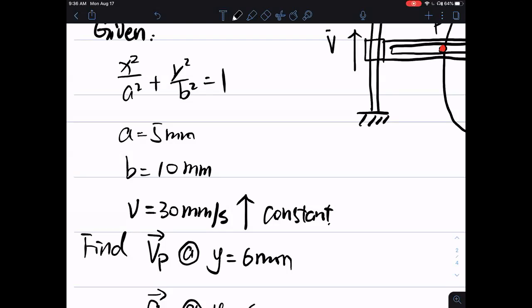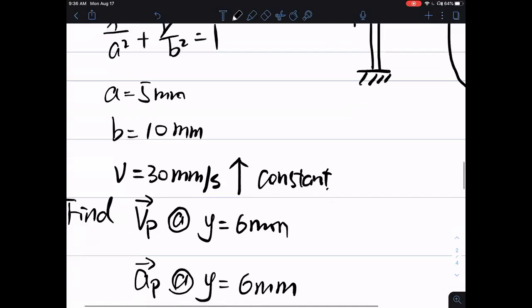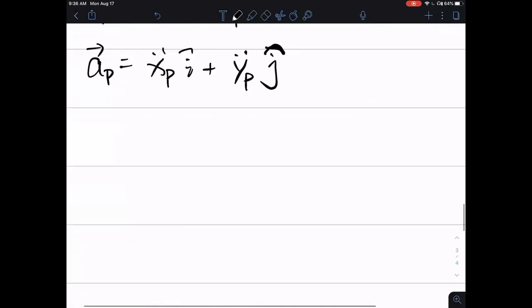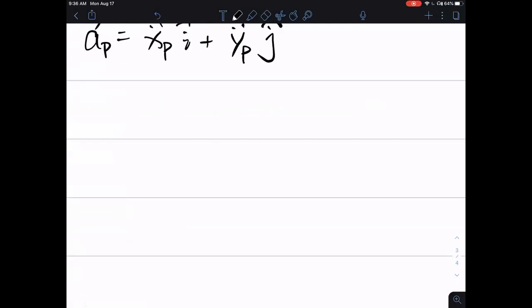Just one question. What happens if you take the time derivative of 1 with respect to time? 0. Yeah. That's the logic. We want to find x dot and y dot by taking the derivative of this expression. So we want d/dt of x squared over a squared plus y squared over b squared. This is the left hand side of the equation.